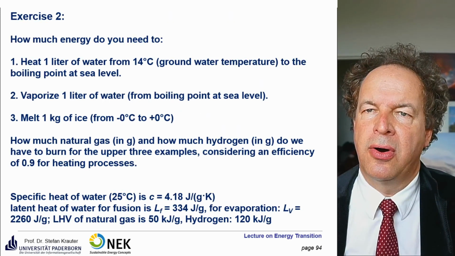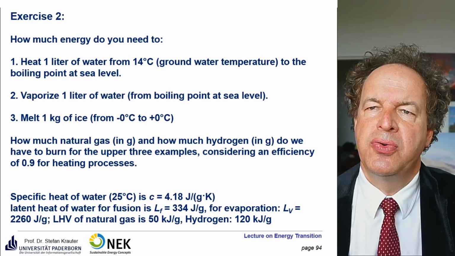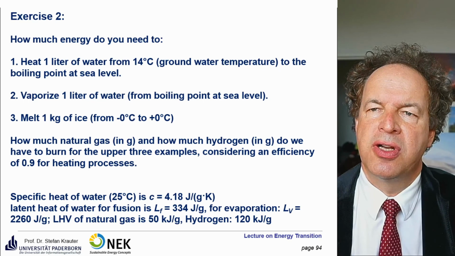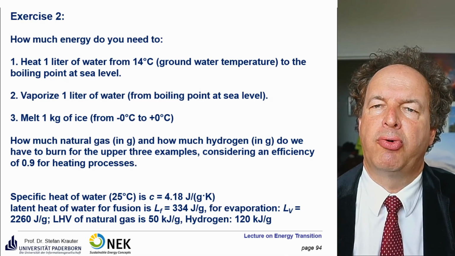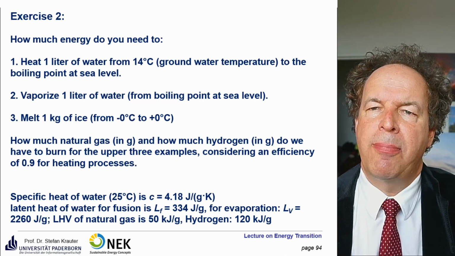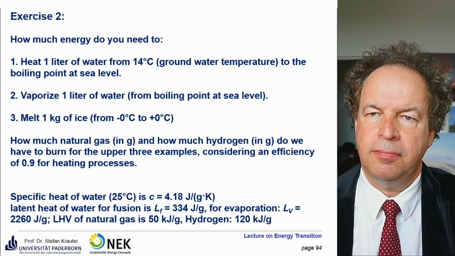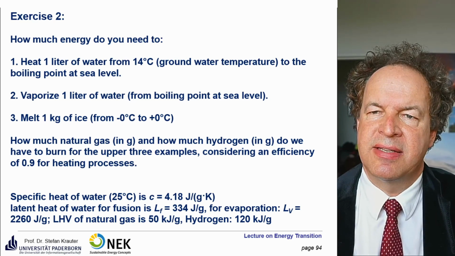So now your exercise is to calculate how much energy you need to heat 1 liter of water from 14 degrees, which is usually the groundwater temperature, to the boiling point at sea level. Second, to vaporize 1 liter of water from the boiling point at sea level. And third, to melt 1 kilogram of ice.